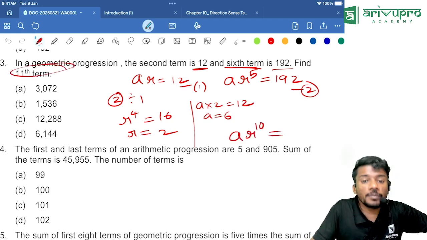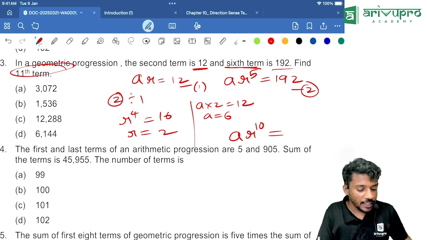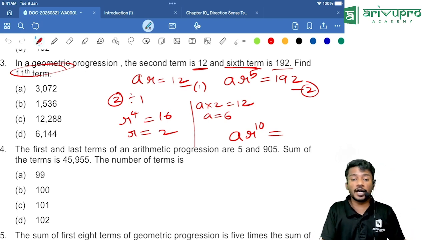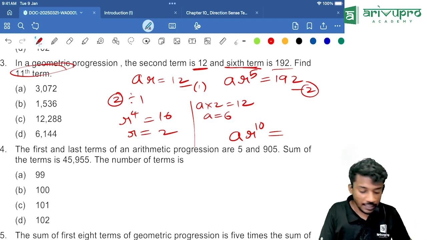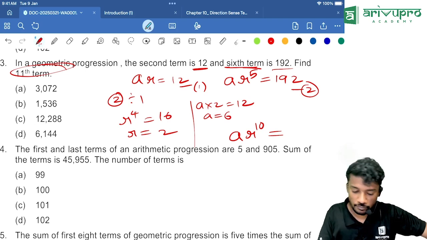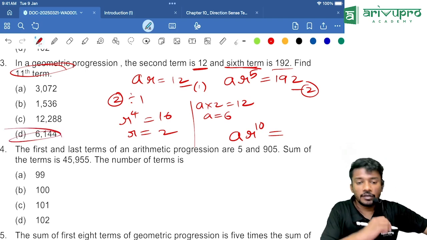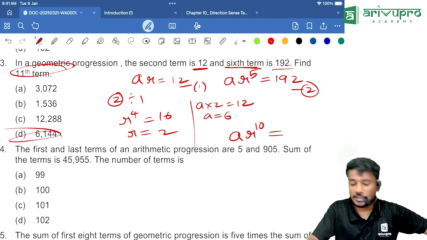So r raised to 10 first: 2 raised to 10 is 2 into 2 nine times, 1, 2, 3, 4, 5, 6, 7, 8, 9. Into a is 6. What is the answer, people? 6144. Got the idea? Everyone understood? Yes. Next question.